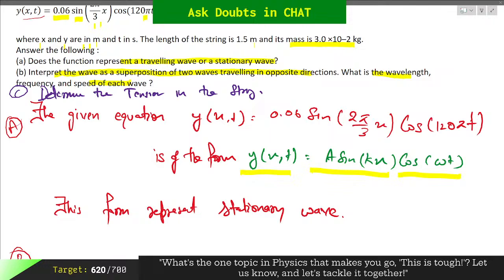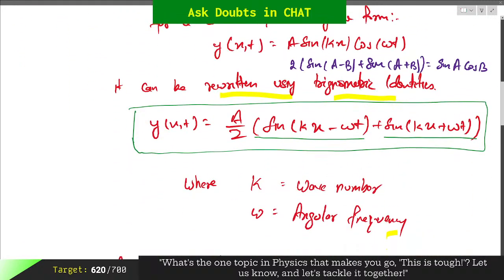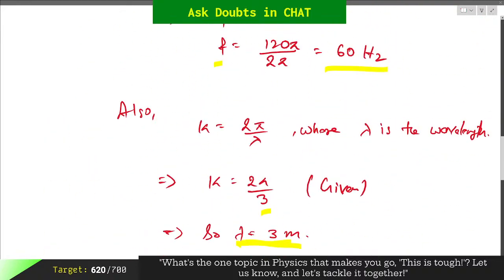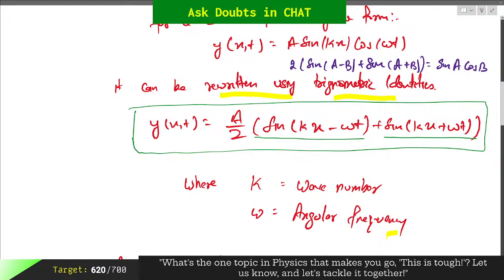Now the second question is, interpret the wave as a superposition of two waves traveling in opposite directions. What is the wavelength, frequency, and the speed of each wave? Using the trigonometric identity, 2 sin a cos b = sin(a − b) + sin(a + b), we can easily bifurcate it into two equations. Notably, it would be like this: y(x,t) = A/2 [sin(kx − ωt) + sin(kx + ωt)], where k is the wave number and ω is the angular frequency.